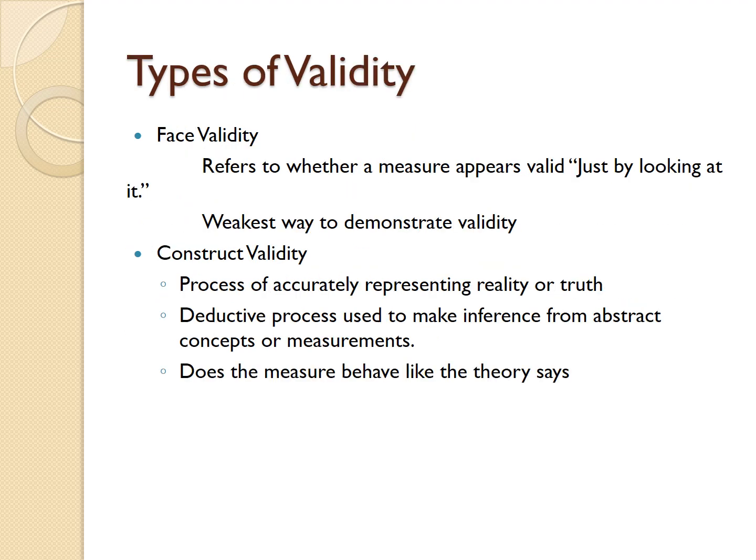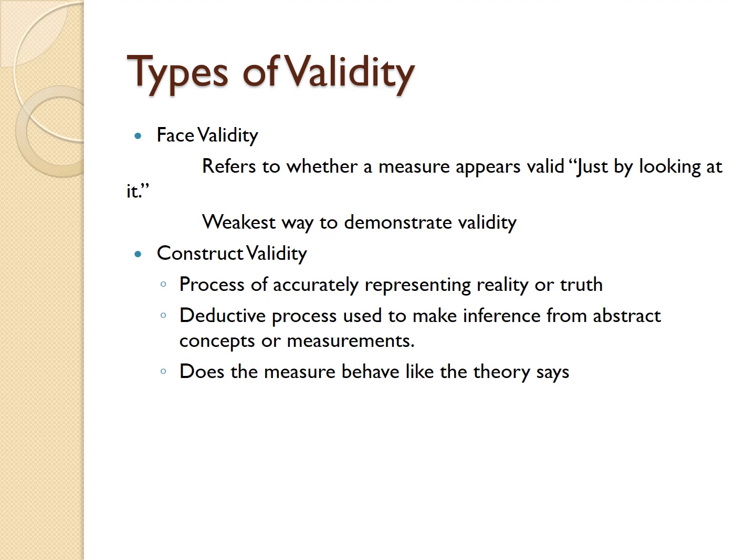Okay, so what are the types of validity? Face validity basically refers to what the face value of the test or the device looks like. Does it look like the hand dynamometer will measure grip strength by looking at it? It's one of the weakest ways to demonstrate the validity of a tool or a test.